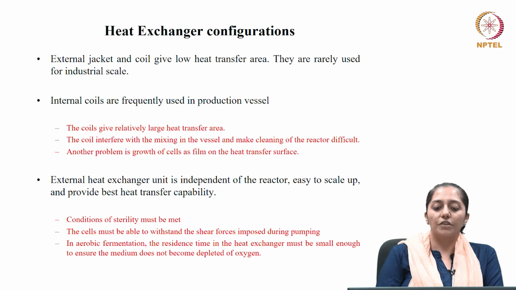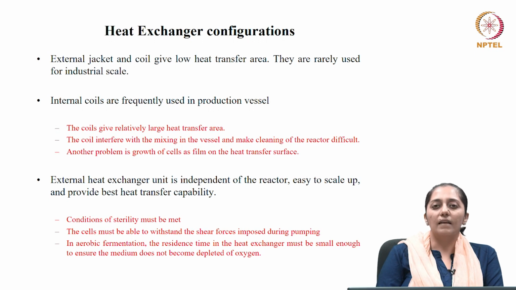Now, heat exchanger configurations: you may have external jacket and coil, which sometimes may provide low heat transfer area, so they are rarely used at large scale or industrial scale. Internal coils are frequently used in production vessels, where the coils give relatively large heat transfer area.